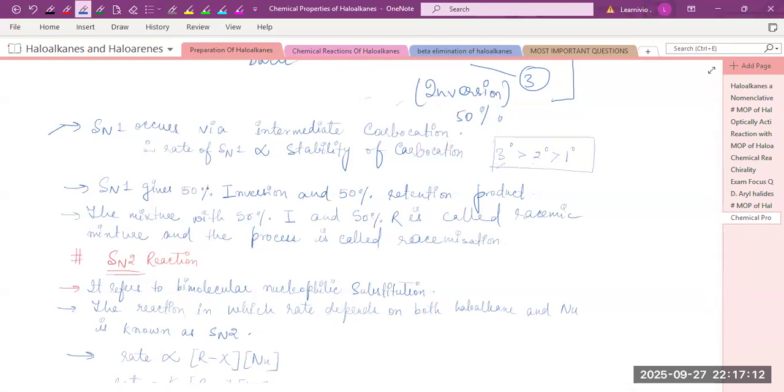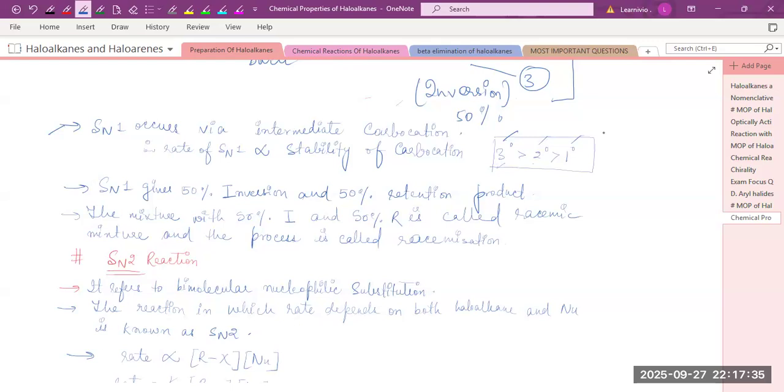And just remember, 3-degree carbocation is most stable as compared to 2-degree and 1-degree. So that's why the order of rate of SN1 reaction is first 3-degree में सबसे fast होगा, after that 2-degree and then 1-degree. So that's the rate of SN1 reaction.